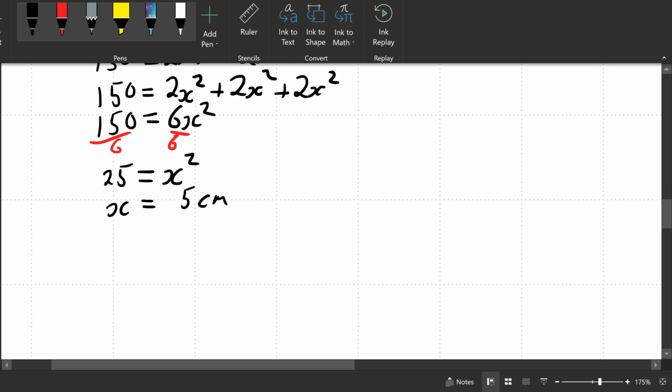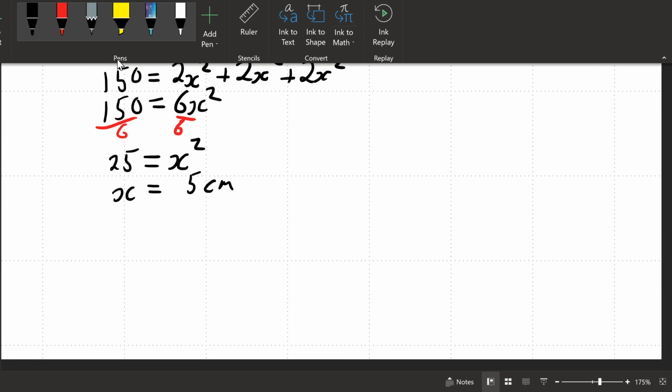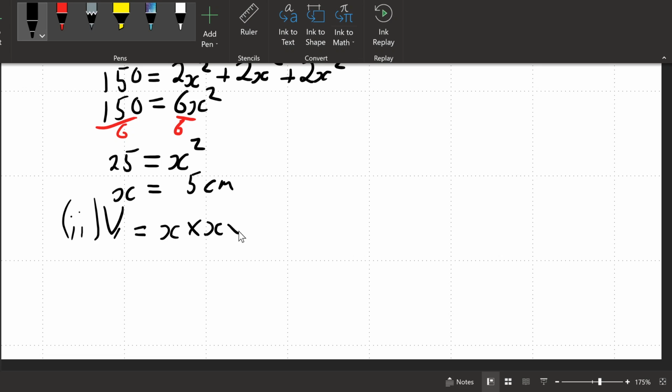If you got the first part right, the second part is what they call in maths trivial, as in it's really easy, because they're just asking, what's the volume of this object? It's going to be x by x by x, the height by the width by the length.